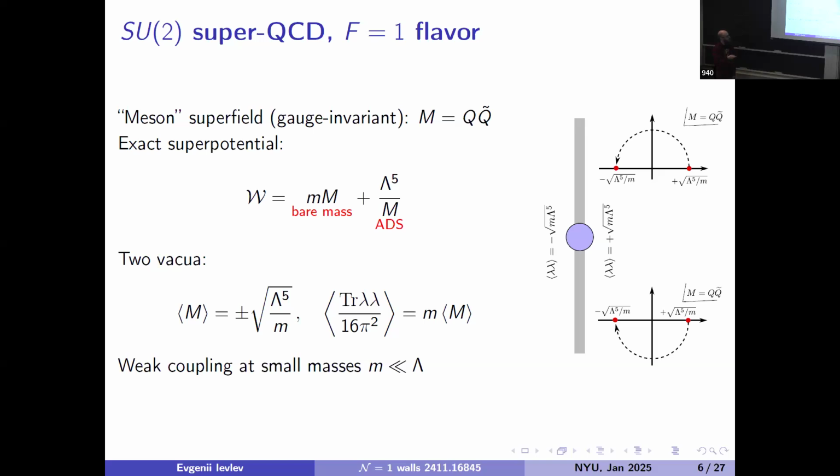And on the right, I'm showing these two examples of this domain wall. You have two vacua in this complex plane of the meson variable, which is the product of the quark variables. On this plane, you have vacuum number one and vacuum number two, and domain walls interpolate from one to another. But you can see that the point m equals 0 is actually disfavored by this potential.